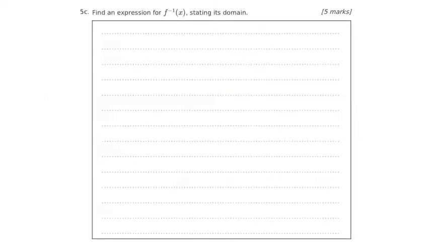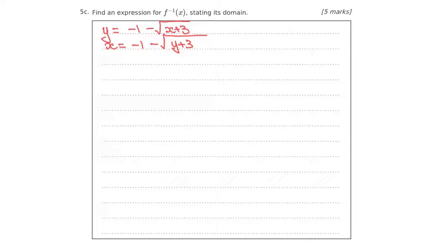5c, find an expression for f to the minus 1 of x and then state its domain. So we know that y is equal to -1 - the square root of (x + 3). So the first thing we need to do is interchange y and x. Therefore we get x is equal to -1 - the square root of (y + 3).